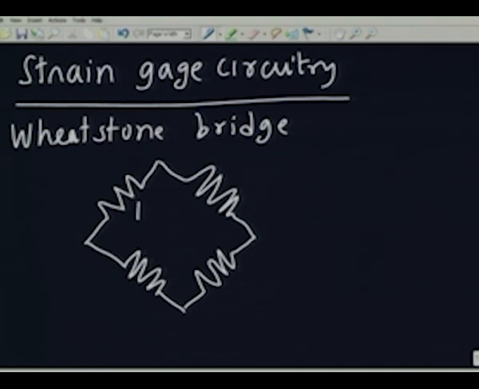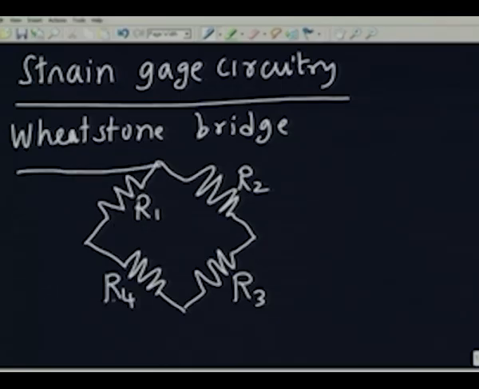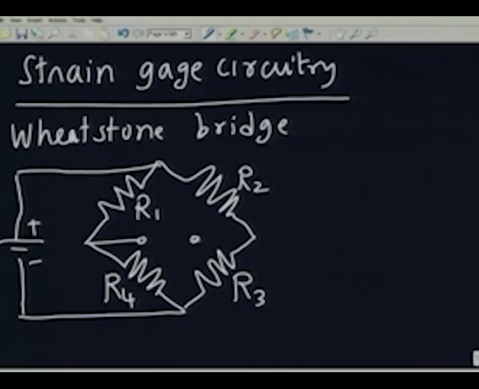We will label them as R1, R2, R3 and R4, and I am going to inject some voltage from outside, positive, negative, and I am going to measure the voltage here.